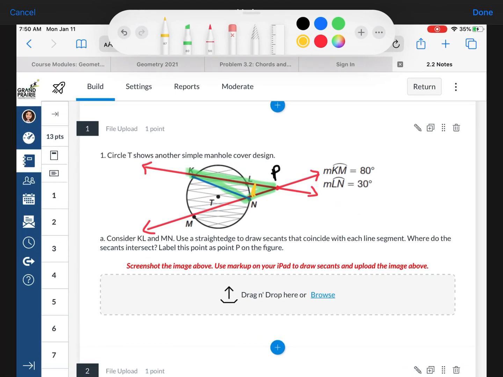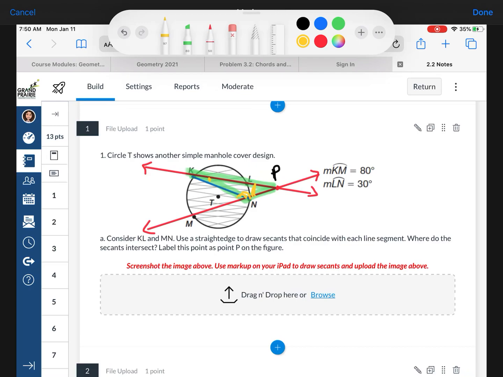The angles being talked about here are the ones highlighted in yellow. So this angle, that angle, and this angle right here. Those 3 angles are all angles inside of the triangle, and they all equal 180. Remember, all of the angles inside of a triangle equal 180.